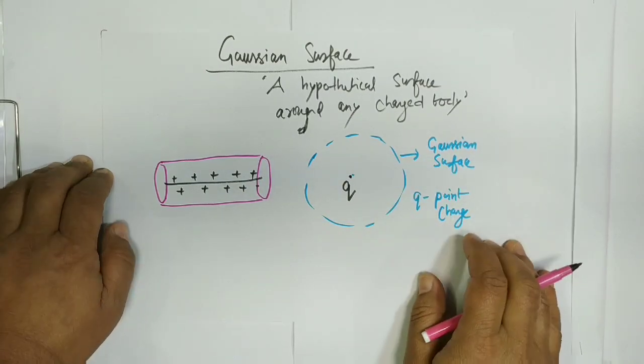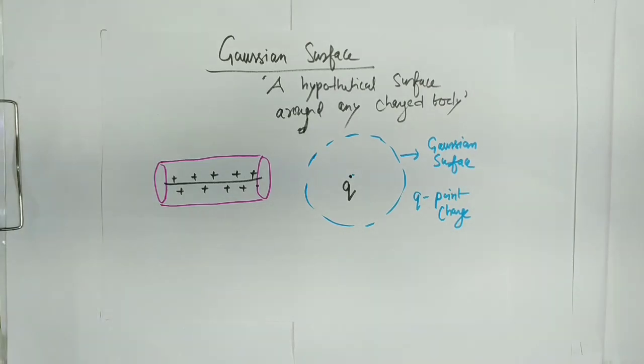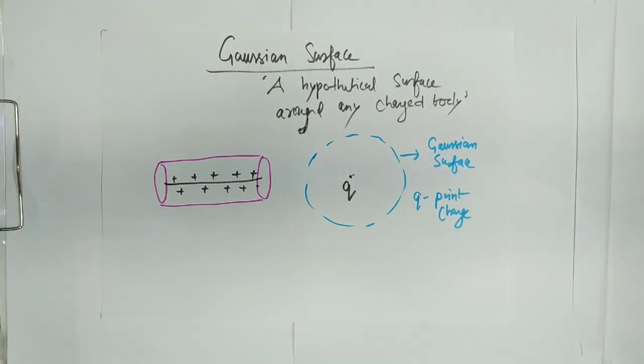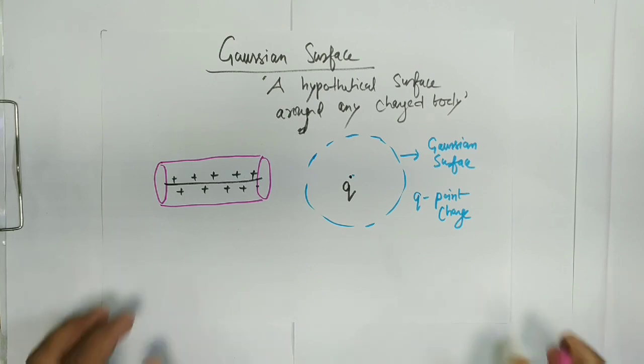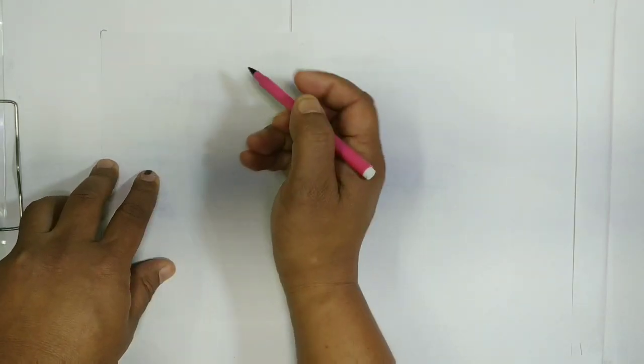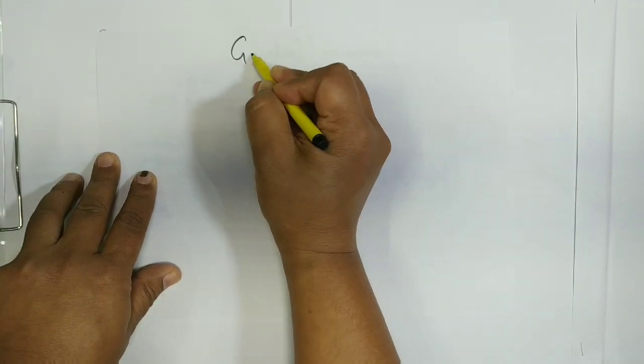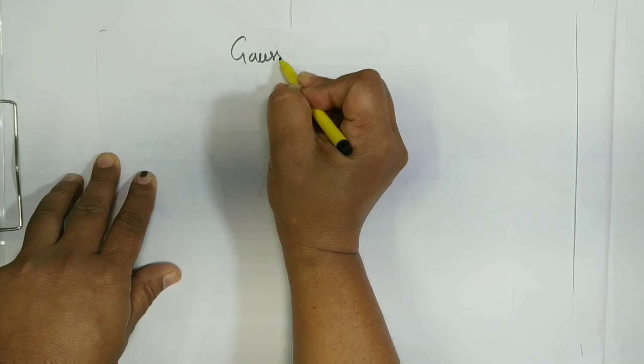So a Gaussian surface is a hypothetical surface around any charged body where you can calculate electric field and electric potential due to a charge. So before going to Gauss theorem, we should know about the Gaussian surface. Now the most important theorem and law is the Gauss theorem, and we are going to talk about Gauss law or Gauss theorem.